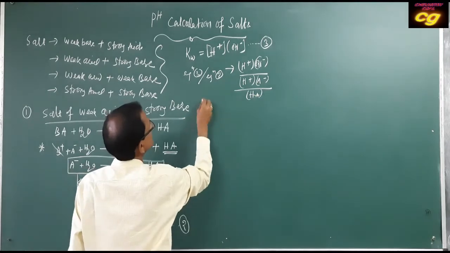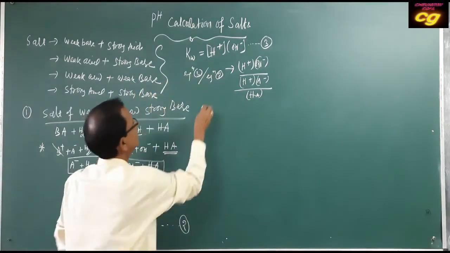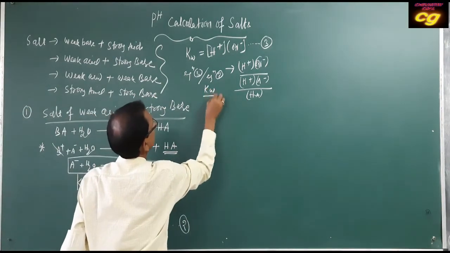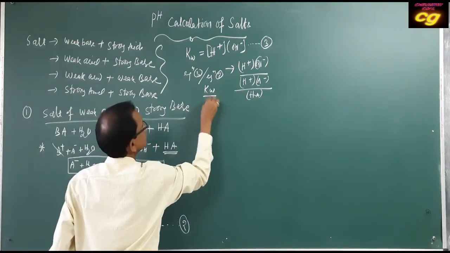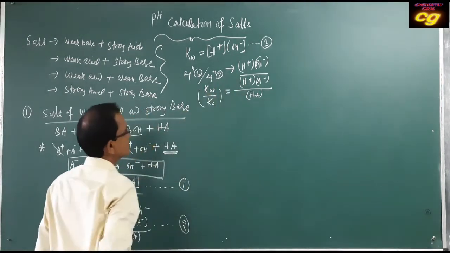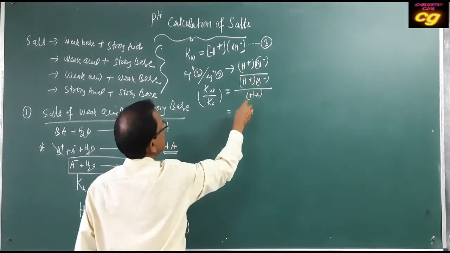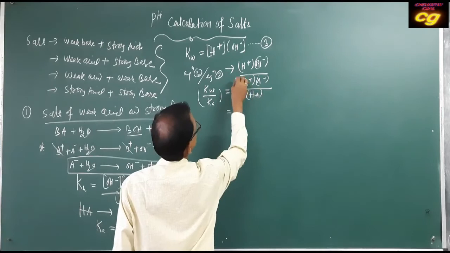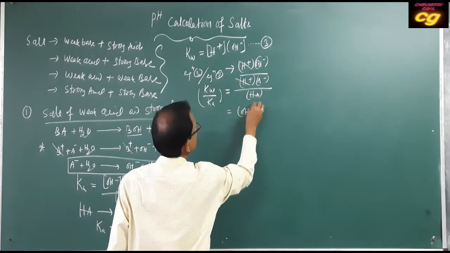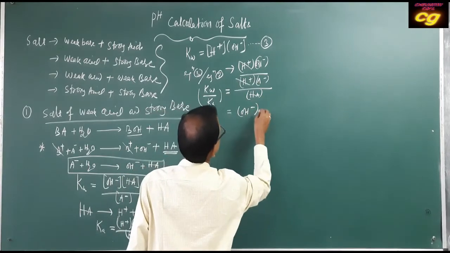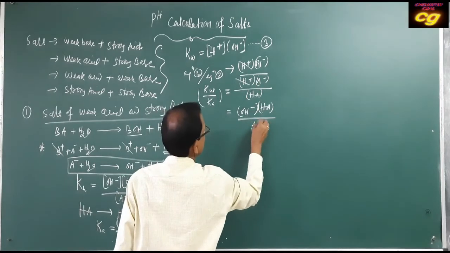Okay, if you arrange this, equation 3 is Kw, and equation 2 is Ka. So Kw upon Ka equals this much. Again, HA will be the numerator, H plus cancels. What is that? OH minus concentration into HA concentration upon A minus left.